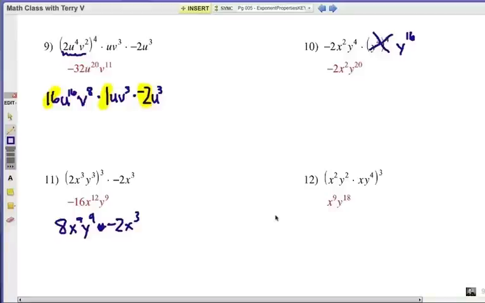And finally, number 12, all of this is raised to the 3rd power. See the 3 on the outside? So that means that I'm going to change this x squared, y squared to x to the 6th, y to the 6th because of the 3 power on the outside. Remember, this is x to the 1st right here. So raising it to the 3rd power would make that x to the 3rd power.